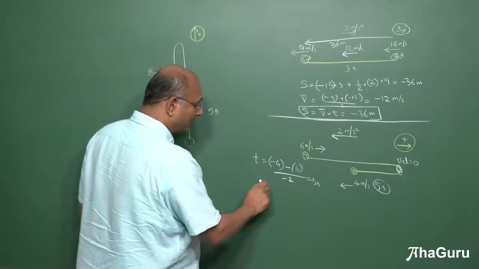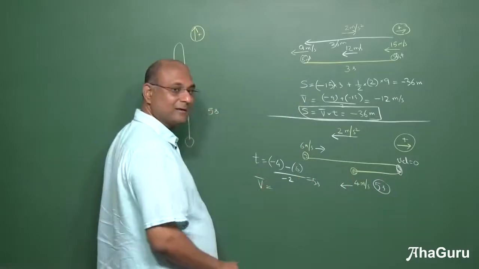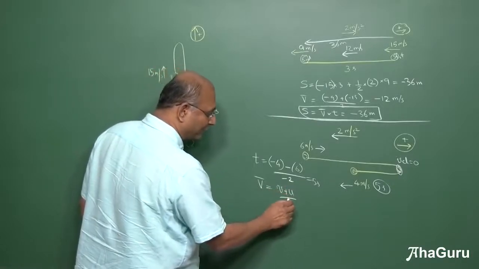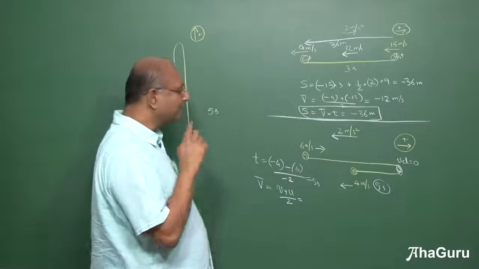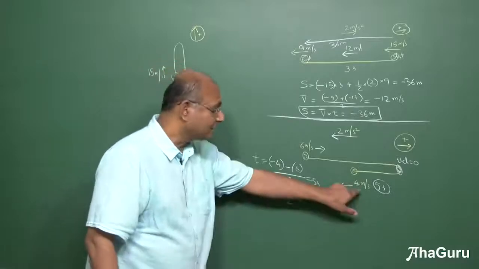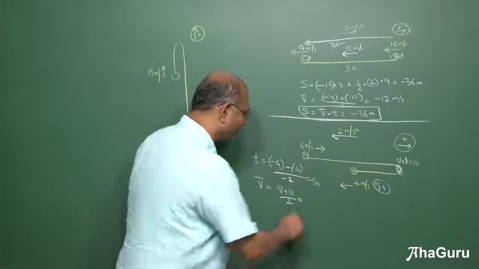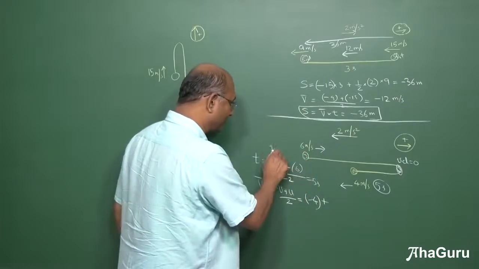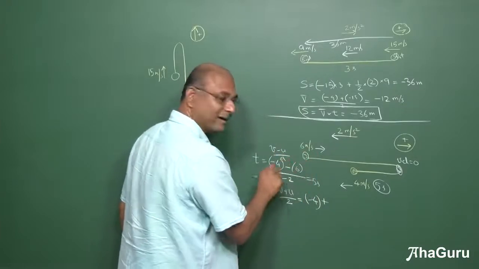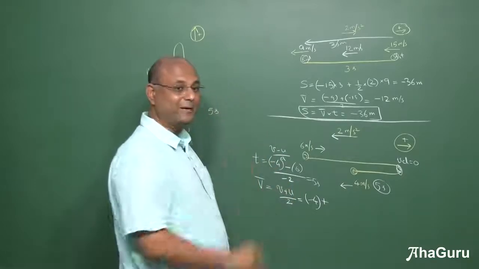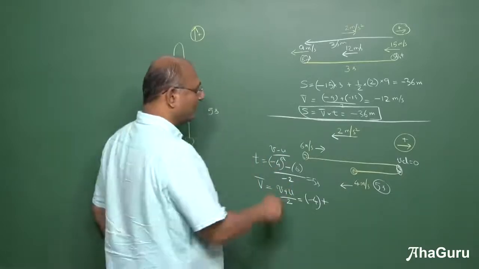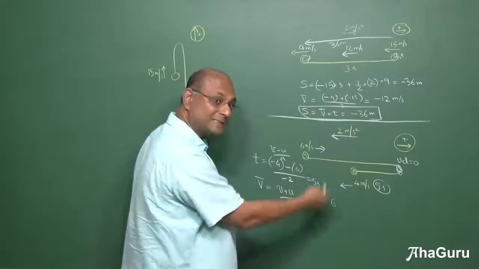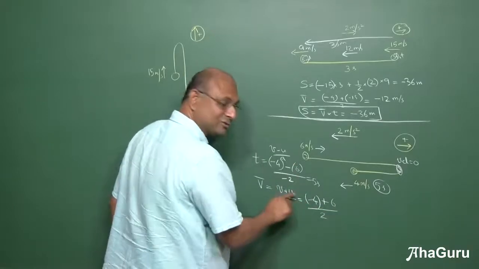Okay? Now, what is the average velocity? Now you have to be very careful. Average velocity is v plus u by 2. What is v? Minus 4, plus 6. So minus 4 plus 6 by 2, not minus 2, just by 2.